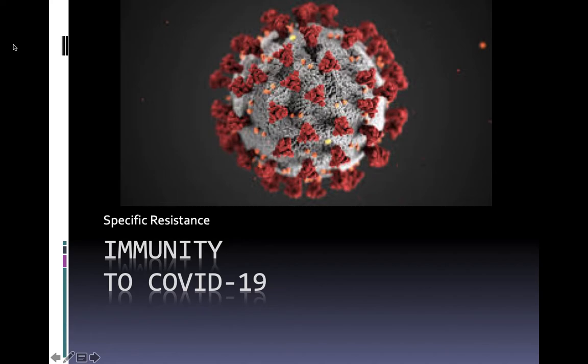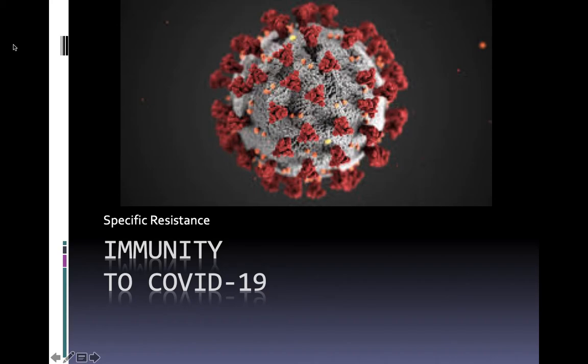Today's lesson is specific to COVID-19, which we know is the coronavirus that originated in Wuhan City, China, and we want to build up to our ability to specifically resist this virus once it gets into our bodies.